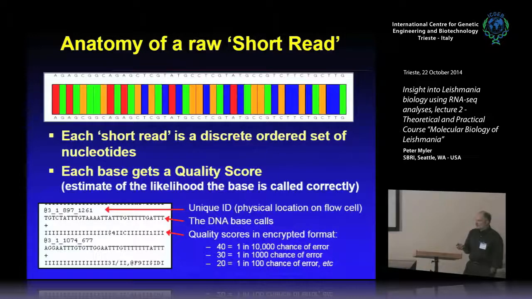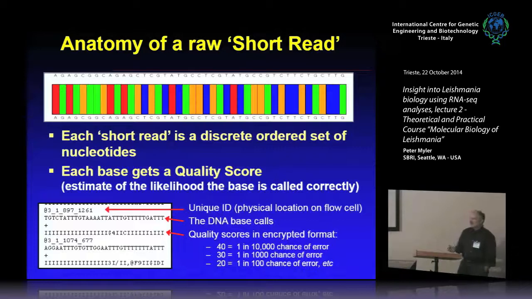The data will come back to you, as I said, in a FASTQ format, which will be a huge text file that looks like this. For each sequence, you get 2 lines. You get the sequence, which is the DNA bases that have been called by the program, and then underneath that, you'll get another line that gives you the quality score in an encrypted format.